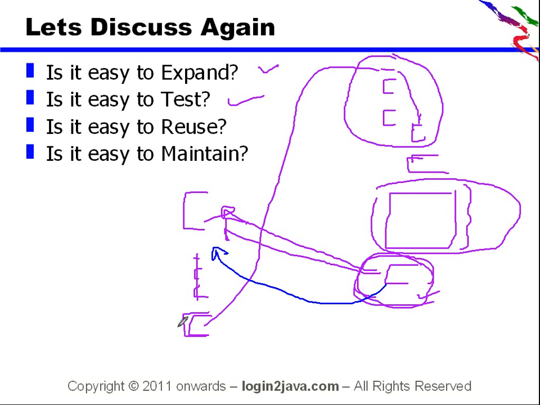So don't get confused with this diagram. I am taking 2-3 examples where you are having it in a separate package or in a separate jar component itself. In all these scenarios, this is very easy to expand, test, reuse, and so it is easy to maintain also. And definitely in the long run, it is less costly to use strategy wherever strategy can be applied.